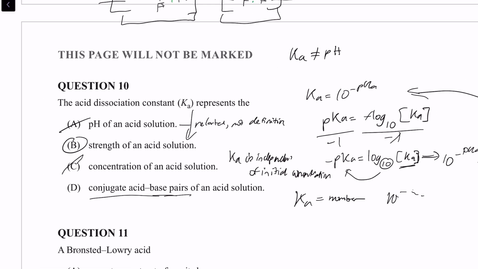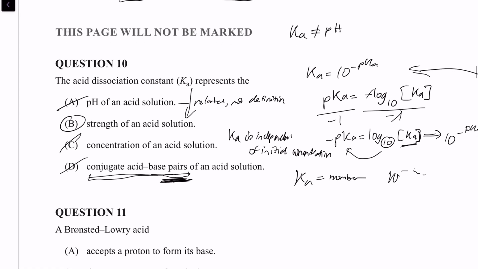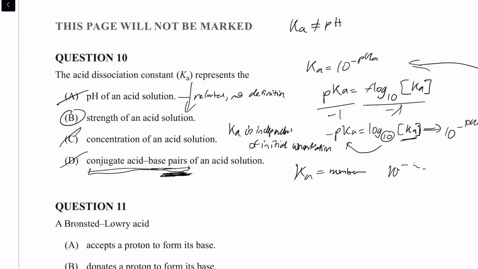So to say that we have 10 to the negative something conjugate acid-base pairs is a pretty weird number to say. Pairs, we're literally talking about whole numbers, but Ka is very rarely a whole number. So that's another way you can cancel that out. But it's really about the strength of the acid solution.